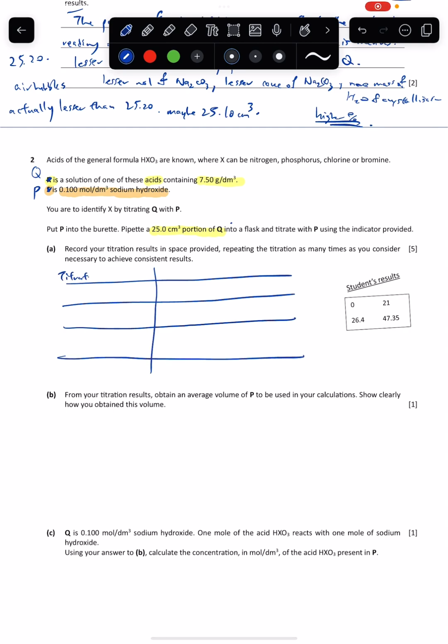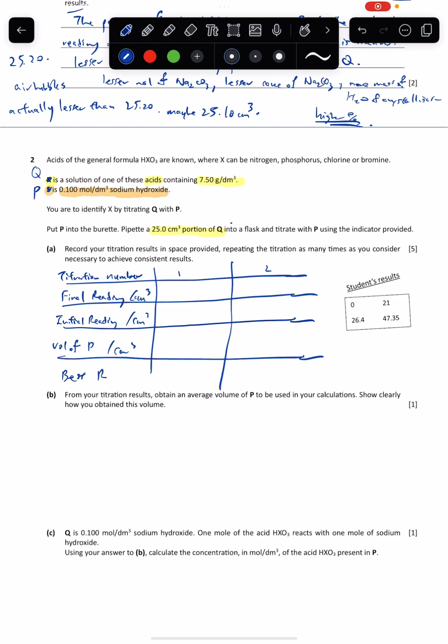Titration number, final reading, initial reading, volume of P slash cm cube, best result.